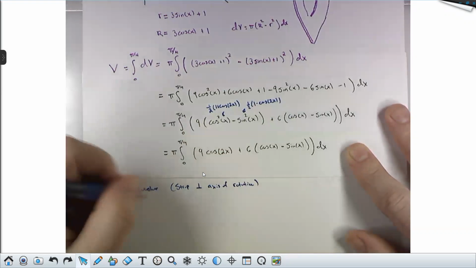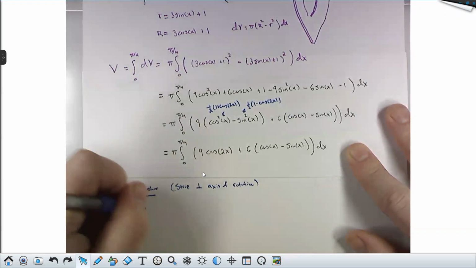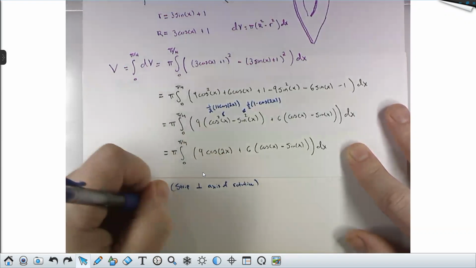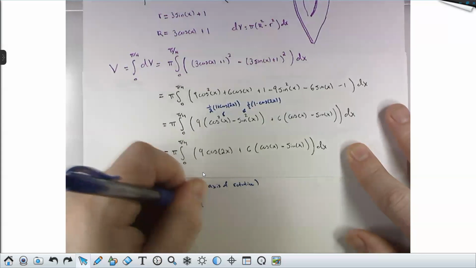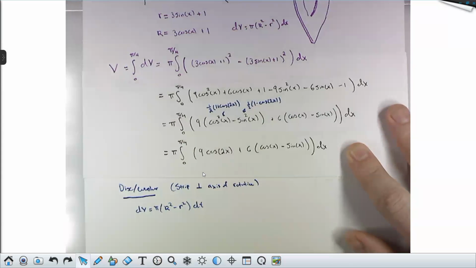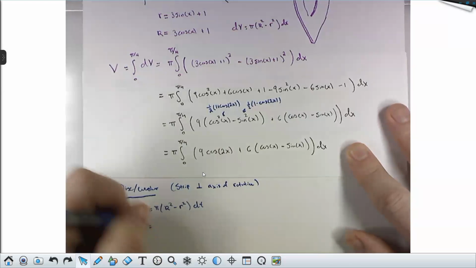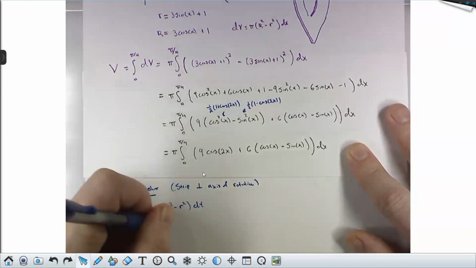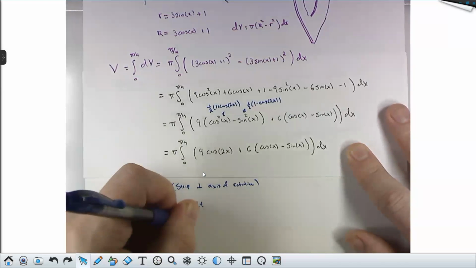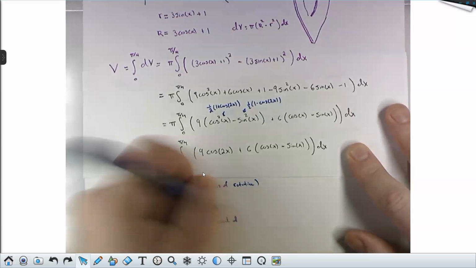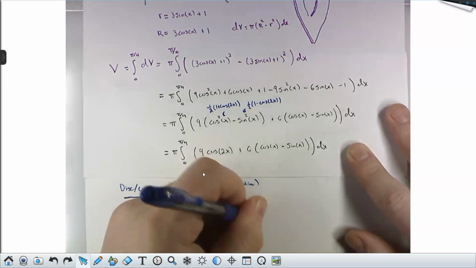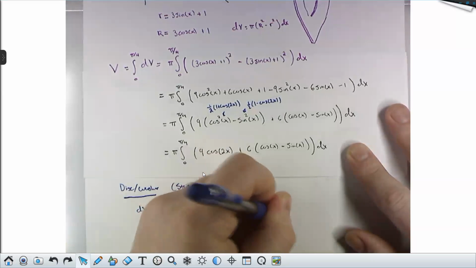Kind of the whole story there is that dV is pi times the outer radius squared minus the inner radius squared times either dx or dy, we'll call it dt, where big R is the distance from the far end of the strip to the axis of rotation.